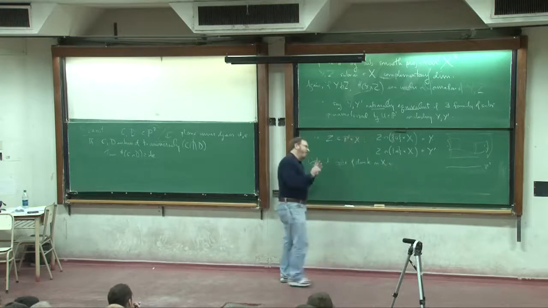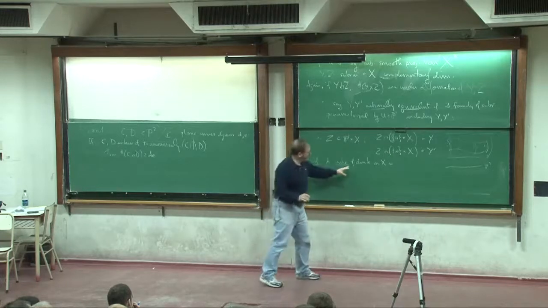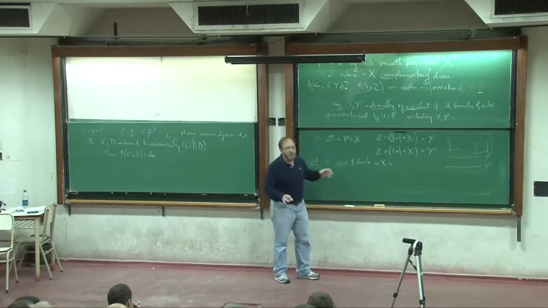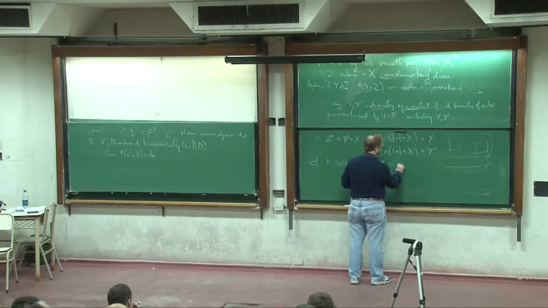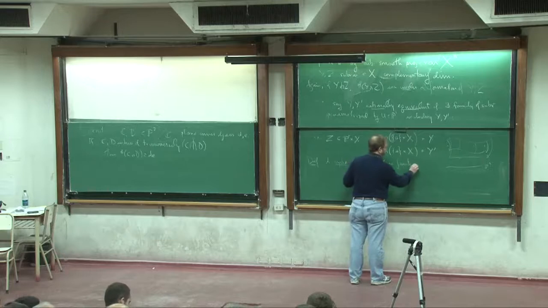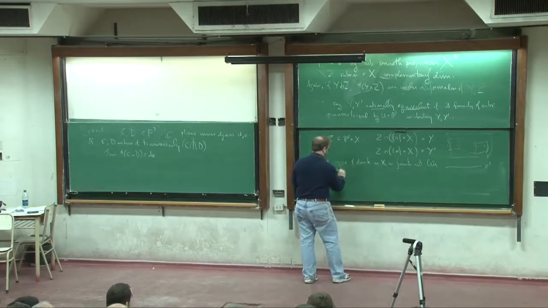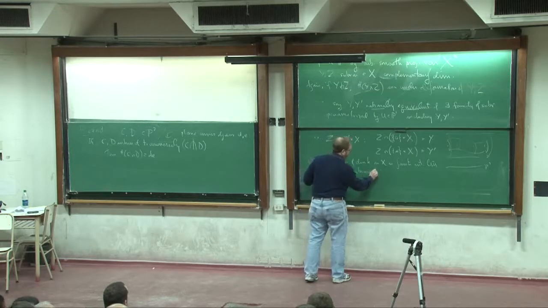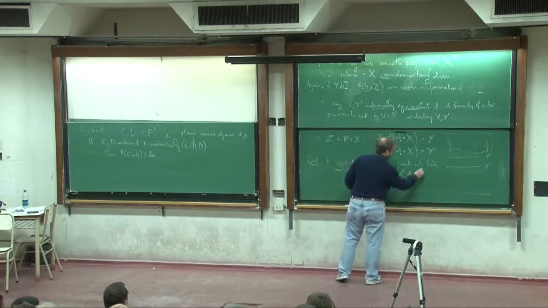Well, this is a very 20th century trick now. In these situations, we look not at subvarieties, but at formal linear combinations of subvarieties. It's a formal, finite, integral linear combination of subvarieties of X of dimension k.